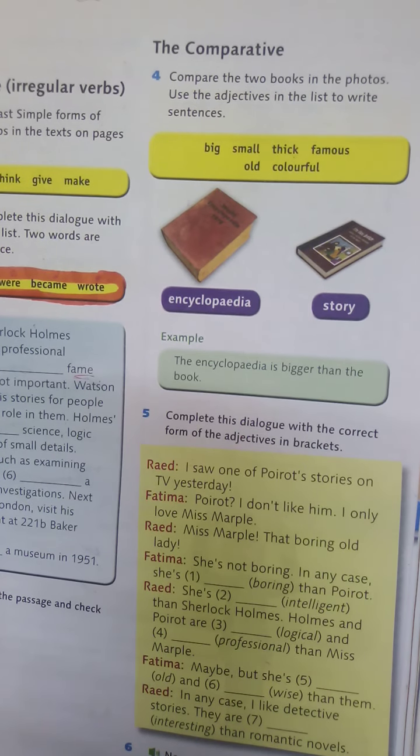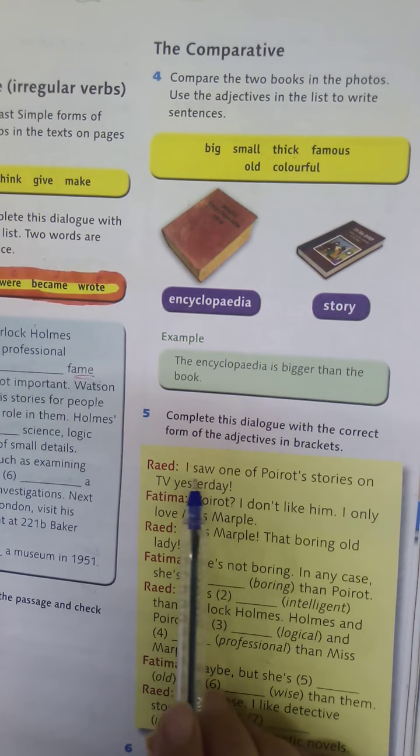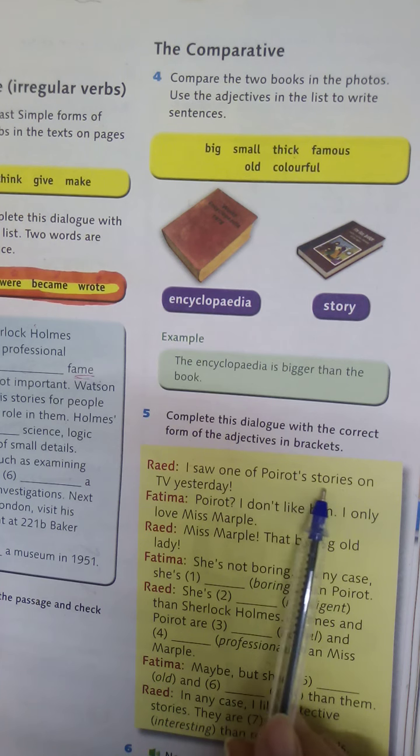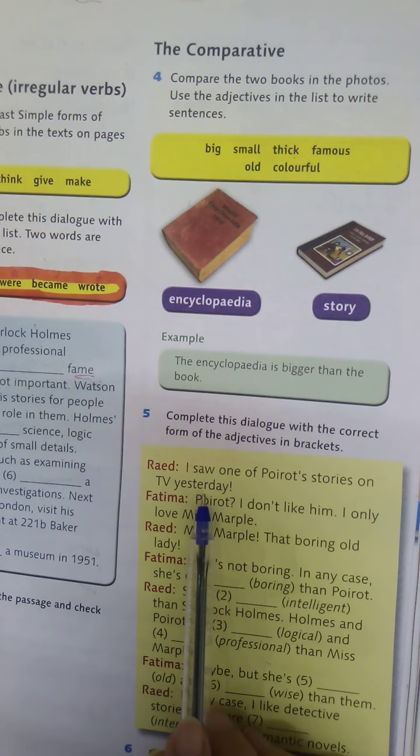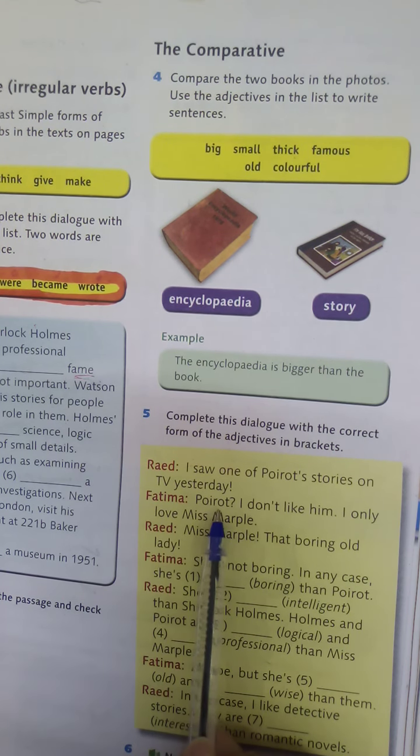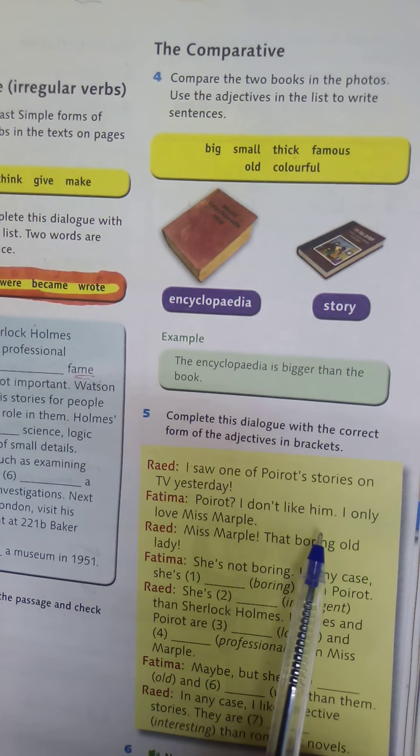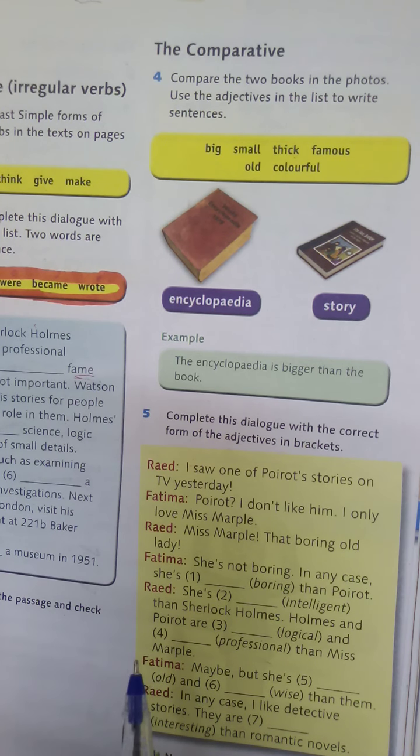I'll read it again. Ra'id, I saw one of Poirot's stories on TV yesterday. Fatima, Poirot? I don't like him. I only love Miss Marple. Ra'id, Miss Marple? That boring old lady? Fatima, she's not boring. In any case, she's less boring than Poirot.